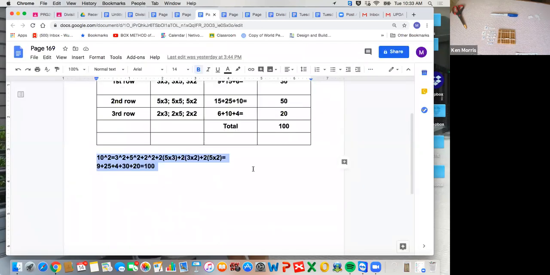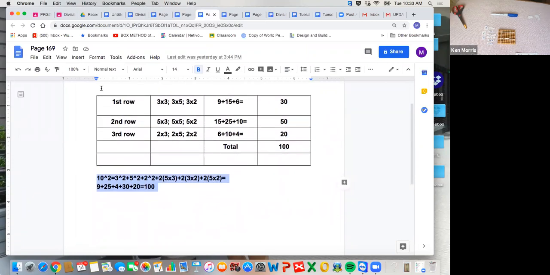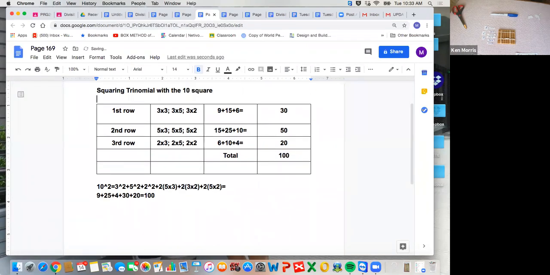There it is, okay. So, you just write the title. What we're doing is squaring a trinomial with the 10 square.